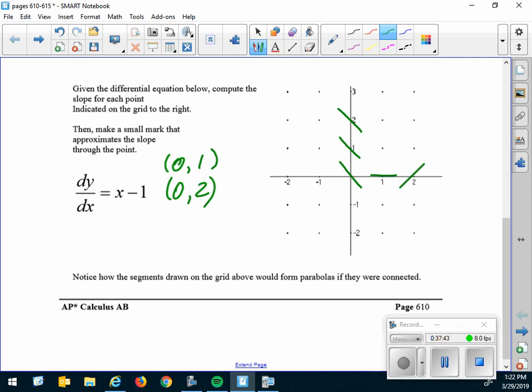In this particular one, does y influence the slope? Not at all, because the slope just has an x in it. Now here's what Sam said. So for all of these on the y-axis where x is 0, they're all going to have the same slope then, right? And the answer to that is yes, because y does not influence the slope at all.